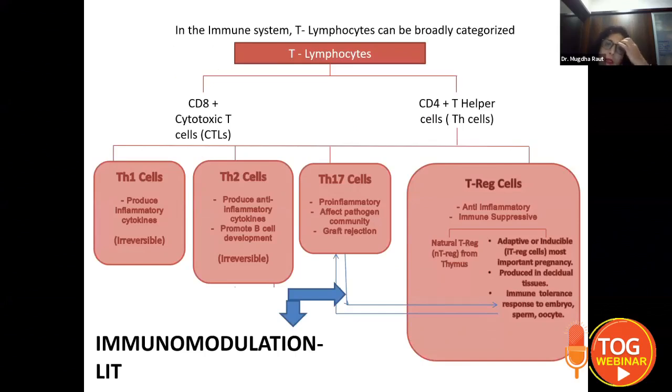Now, whenever we are doing immunomodulation in the form of lymphocyte immunization therapy or immunoglobulins or various other immunomodulatory treatments, our aim, according to the blue arrows, is to help in the conversion of the dendritic cells to the Treg cells and a shift from the Th17 cells to the Treg cells, which causes immune tolerance. Next slide.